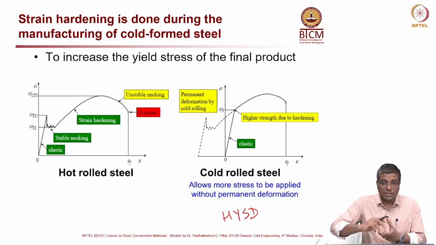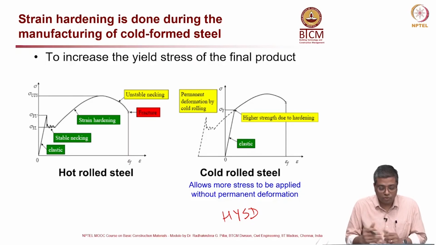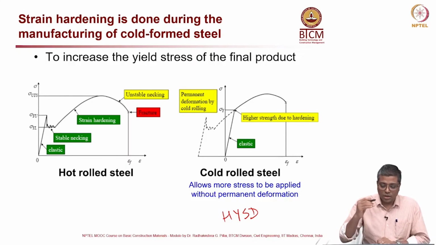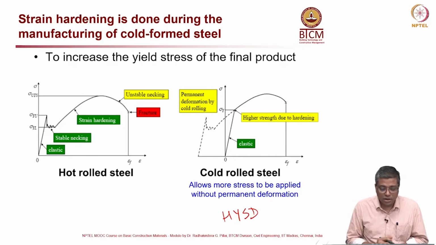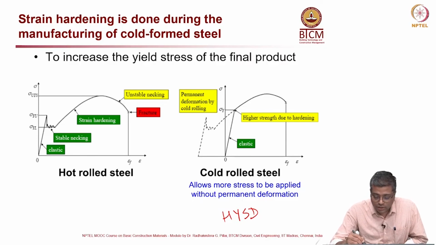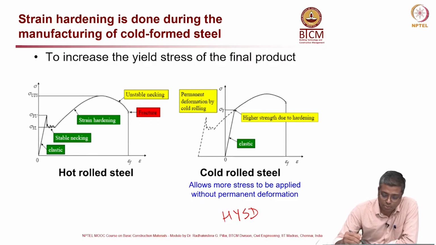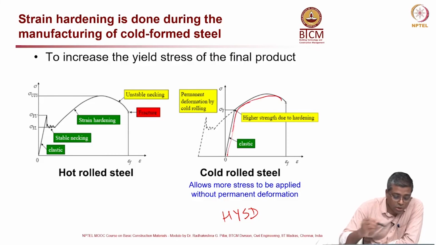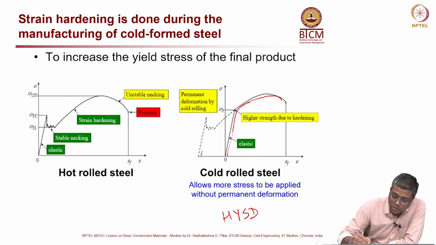They strain hardened the steel or cold rolled the steel when the temperature was below the recrystallization temperature. At that point itself, they strained the steel so that the final steel product will have a curve like this, whereas the original curve is something like this.